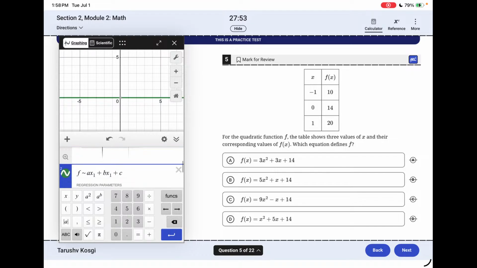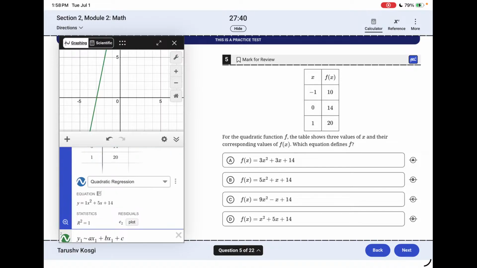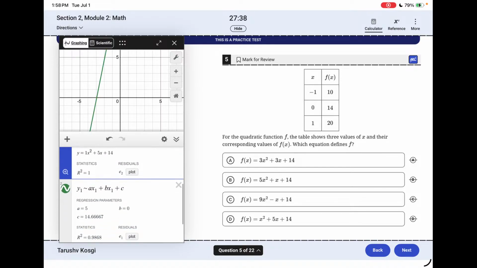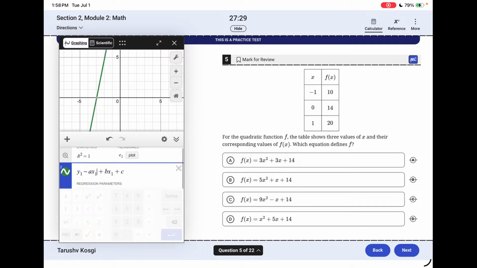There's gotta be like, oh wait, hold on. Okay, yeah. Like, how do I put a square in? Regression, quadratic. Yeah, but how do I do this? Oh, it's always squared. Okay, never mind.